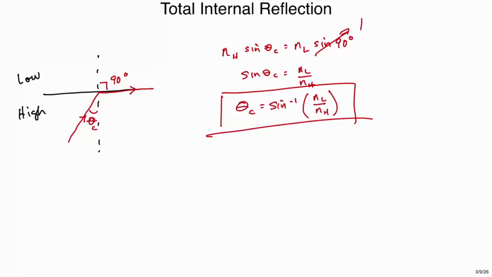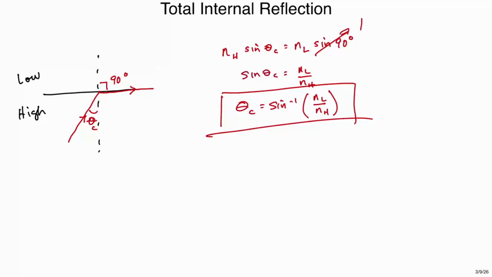In your book, they will write this as inverse sine of n2 over n1, I think is what they'll do. And then you can get messed up as to, well, which one's 1 and which one's 2. The reason I write it like this has to do with the sine function and the geometry of optics.